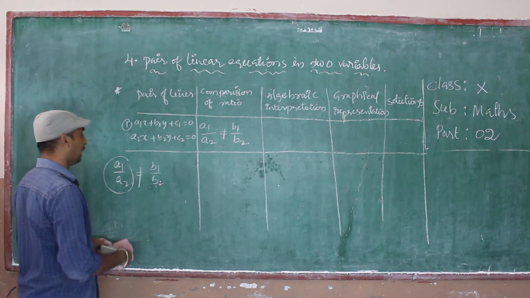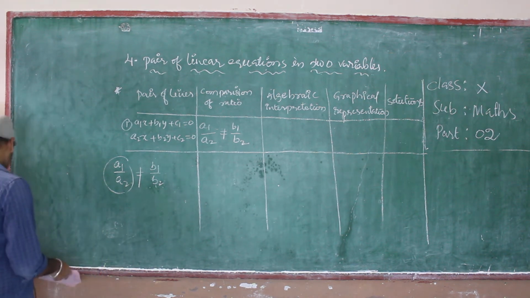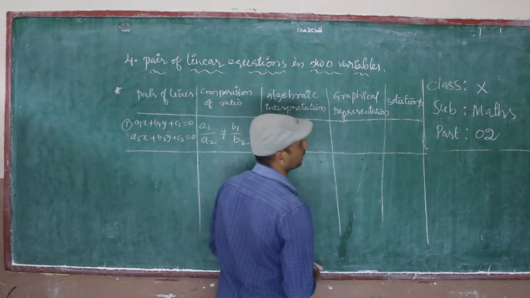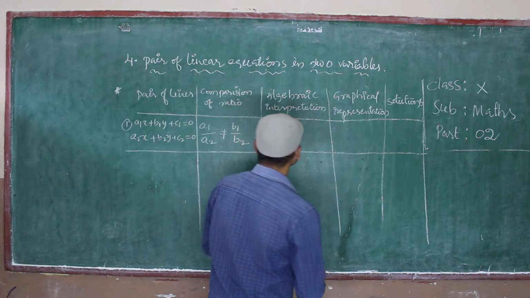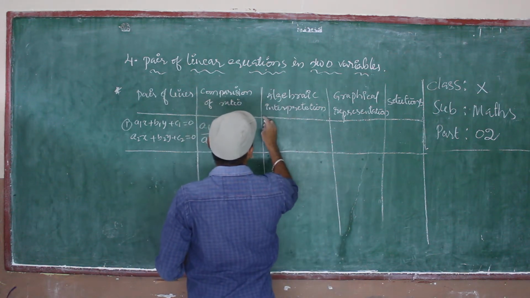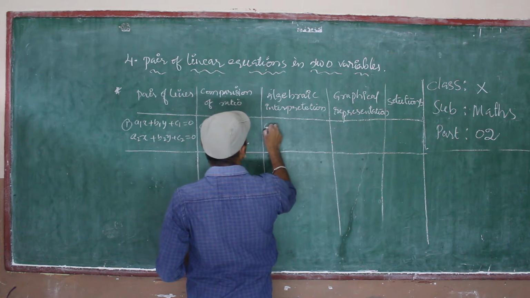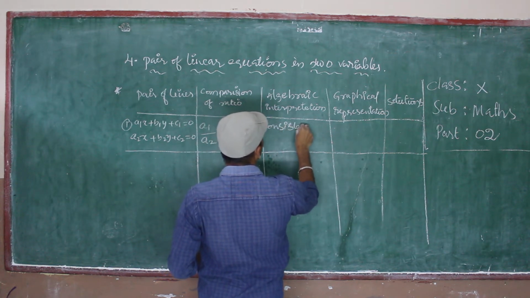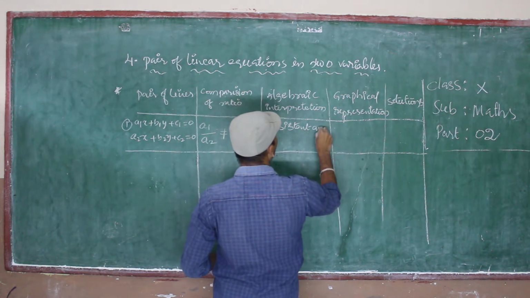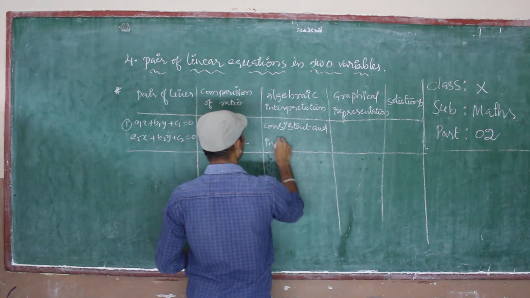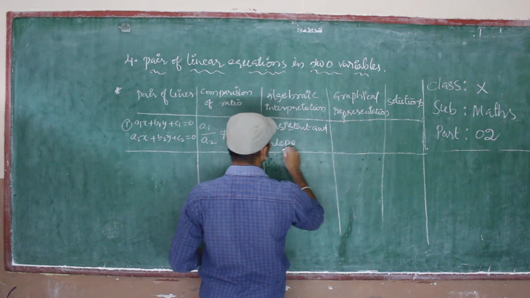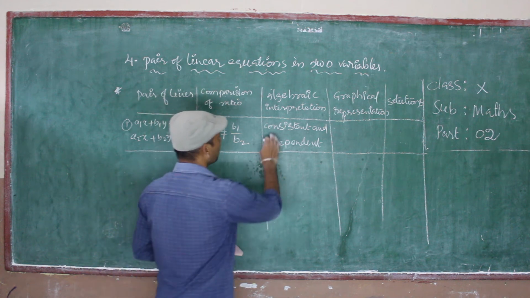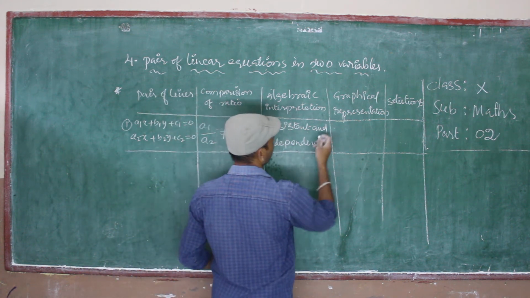Then, see children here, algebraic interpretation. So what we will get? Consistent and independent.